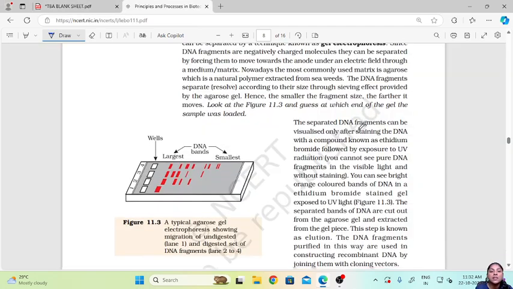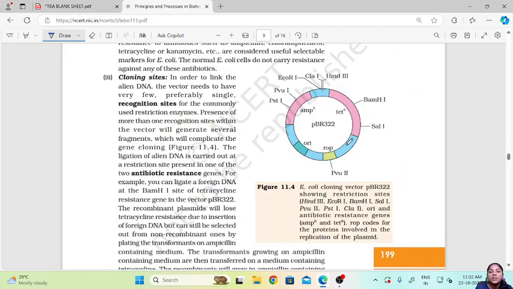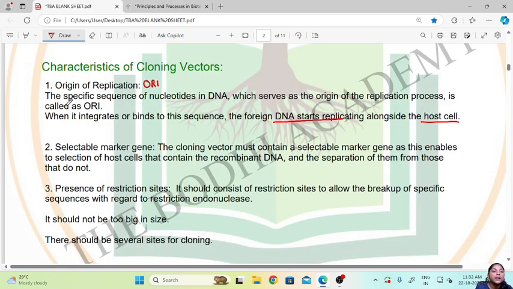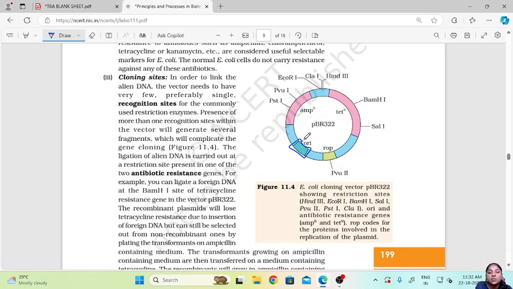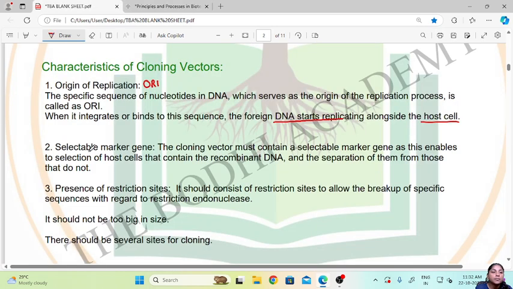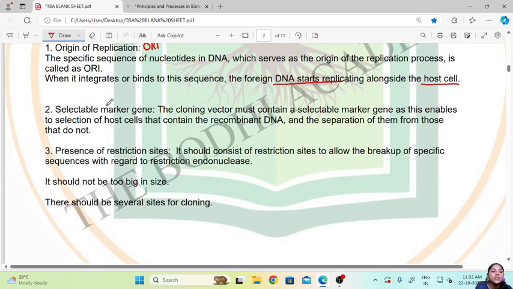As we can see here in this diagram, this part is the ORI, or the origin of replication, of this vector. This is an E. coli cloning vector, and it is the specific sequence of nucleotides in the DNA which serves as the origin of replication. So from here the replication will start. Then the second thing which is required is a selectable marker gene.